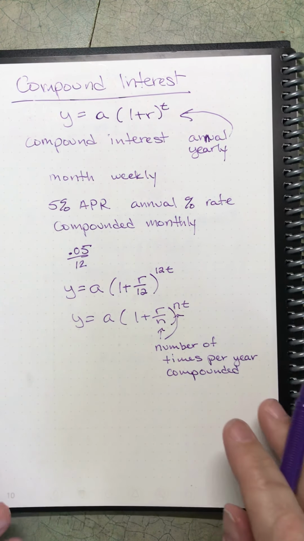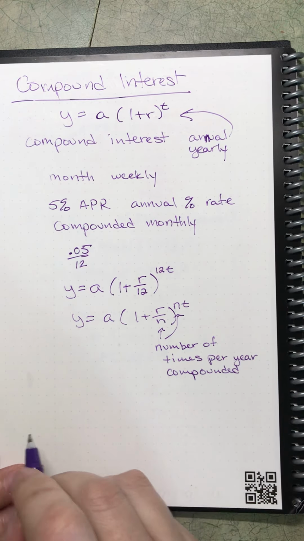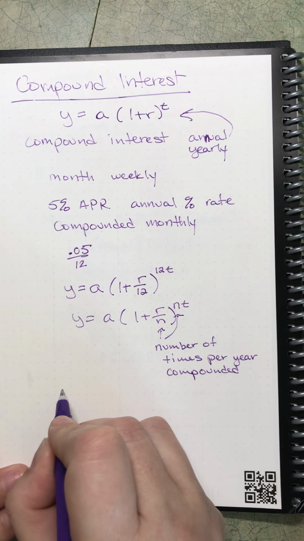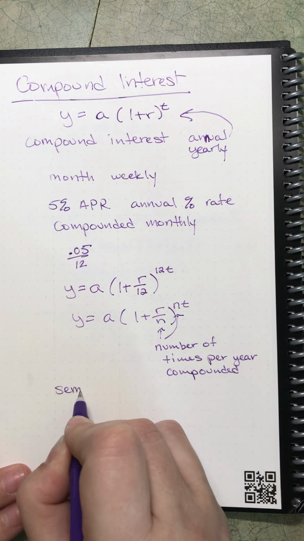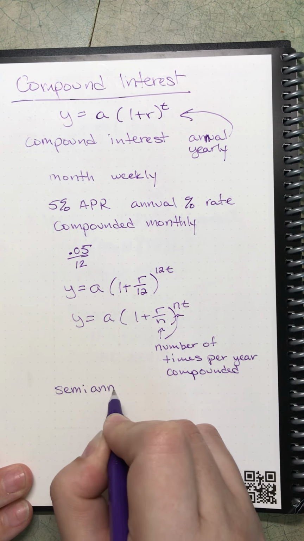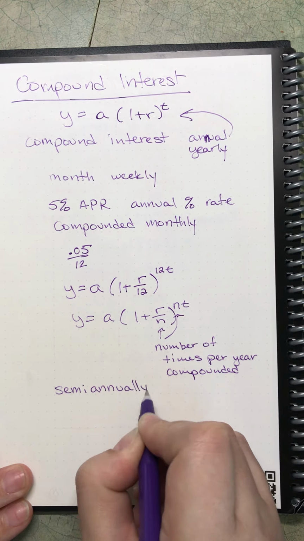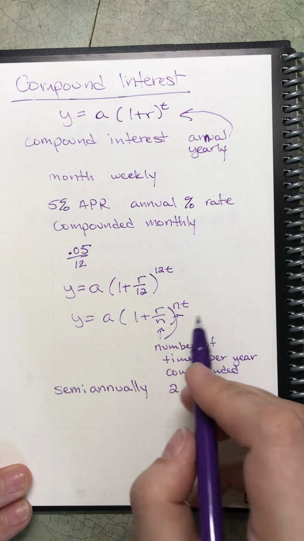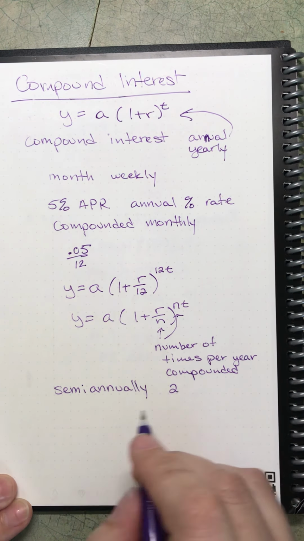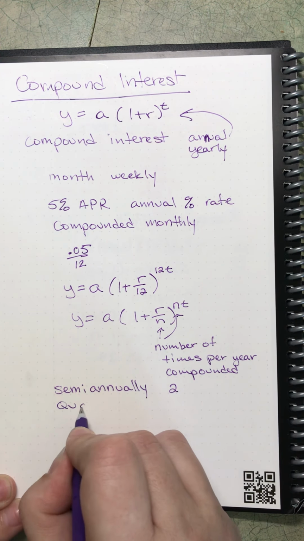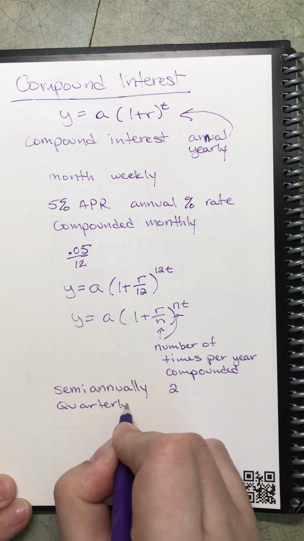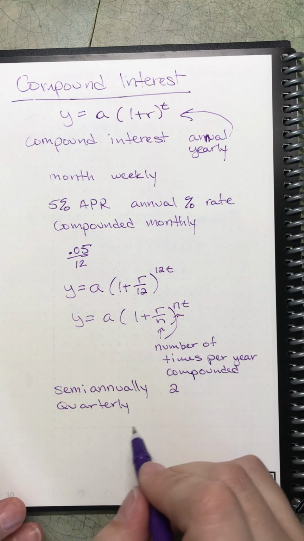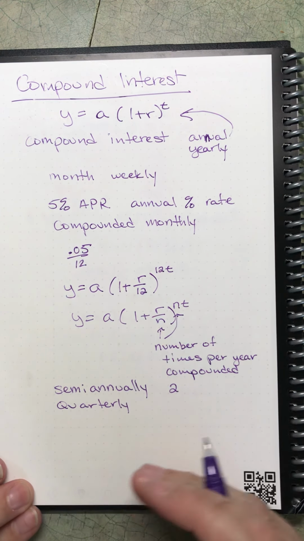Okay, so this is where we get to learn some vocabulary. If it is semi-annually, that means 2 times a year. So our number for n would be 2. If it's quarterly, a lot of things in finance are quarterly. Taxes for businesses are done quarterly.